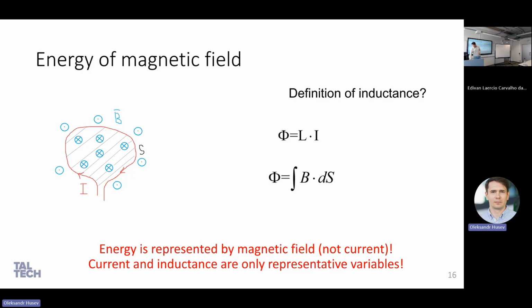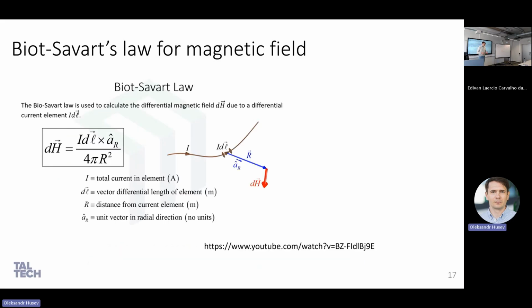But before that, today I want to remind you of a few basic physics equations or laws that you must remember, because we will come back to these laws several times, when we consider traces and so on. So this is the so-called Biot-Savart law for magnetic field.